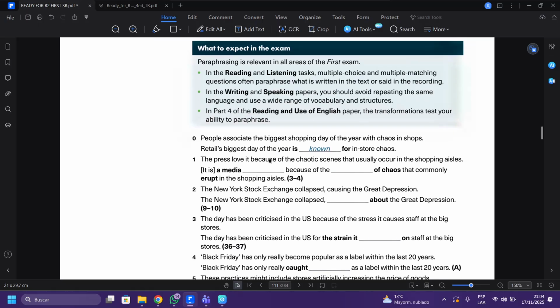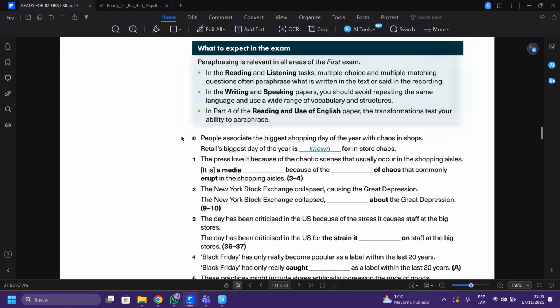For example, in the reading and listening tasks, multiple choice and multiple matching questions are often paraphrased from what is written in the text or said in the recording. That is why it's difficult. You have to listen and complete with a word or a short phrase. That is the paraphrase part. In the writing and speaking papers, you should avoid repeating the same language and use a wide range of vocabulary and structures.